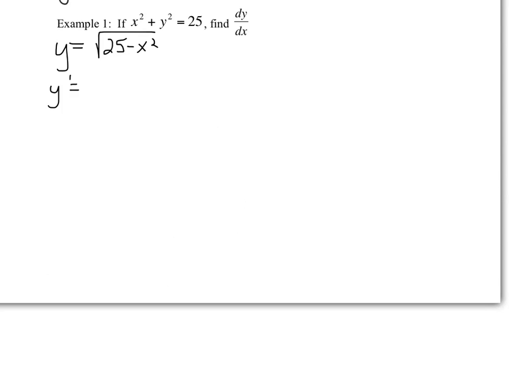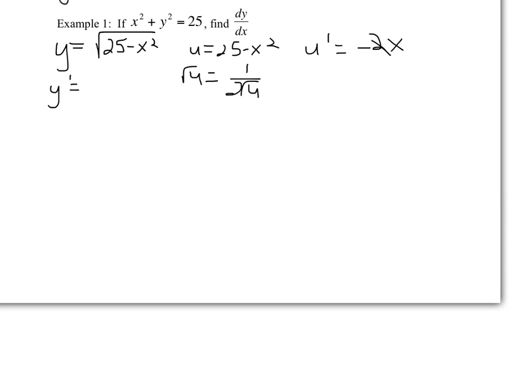If we do our chain rule, we have u equals 25 minus x squared, and the big idea is the square root of u. The outside's derivative is 1 over 2 square root of u, and the inside's derivative is negative 2x.